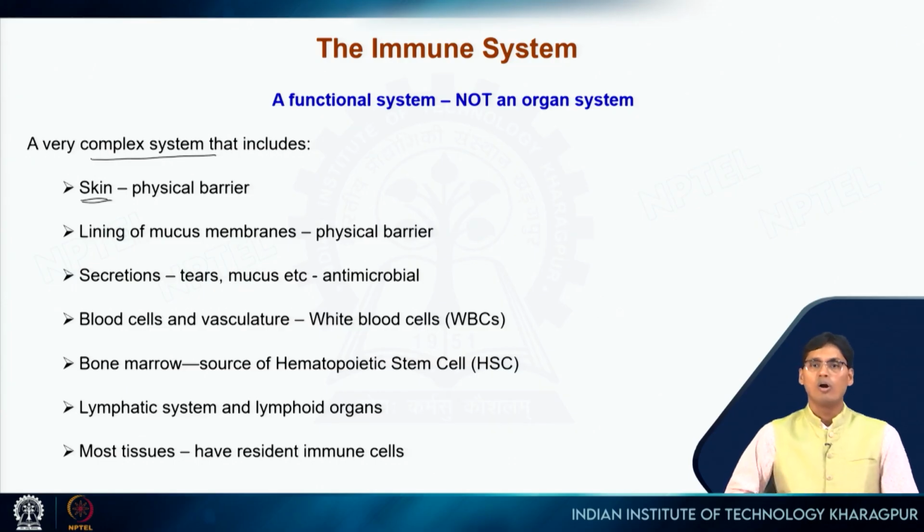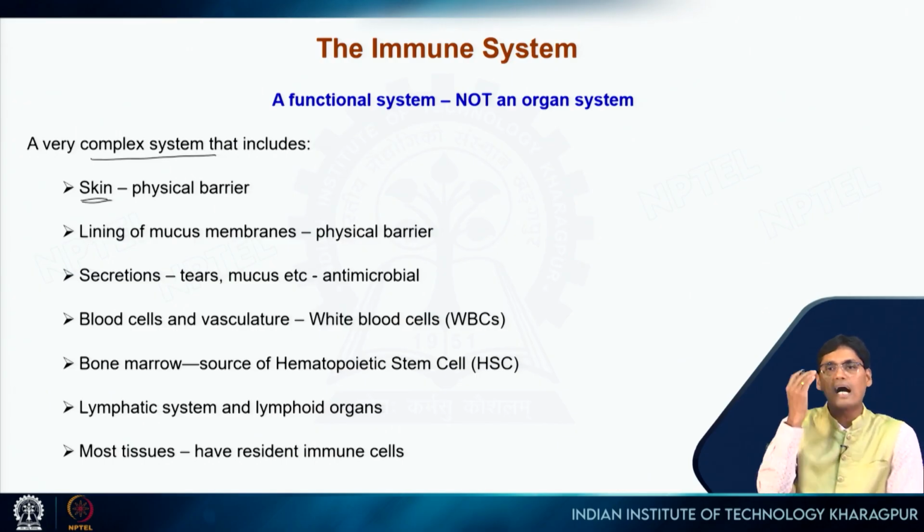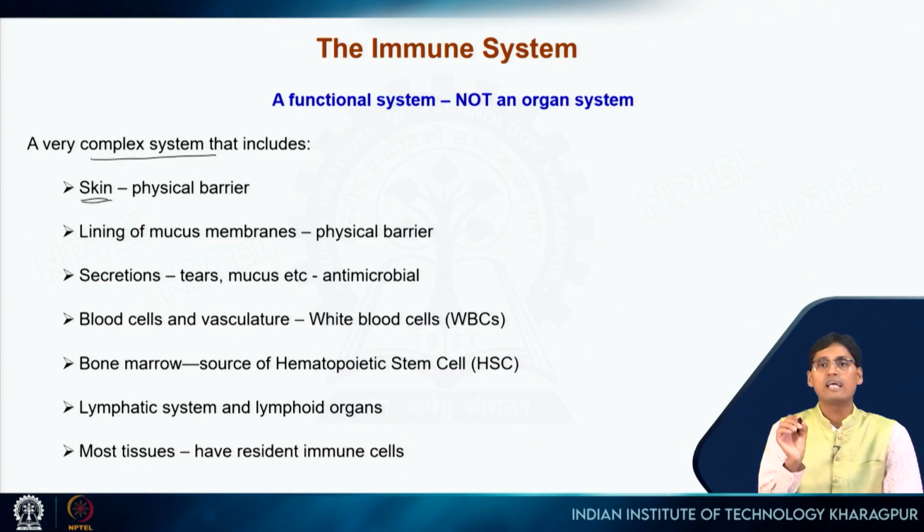Now, for some portions, for example the eye, you will not see them covered by skin, but even in tears there is some kind of secretion, like enzymes, which protect us. Those secretions from the eye kill these microbes directly, right?